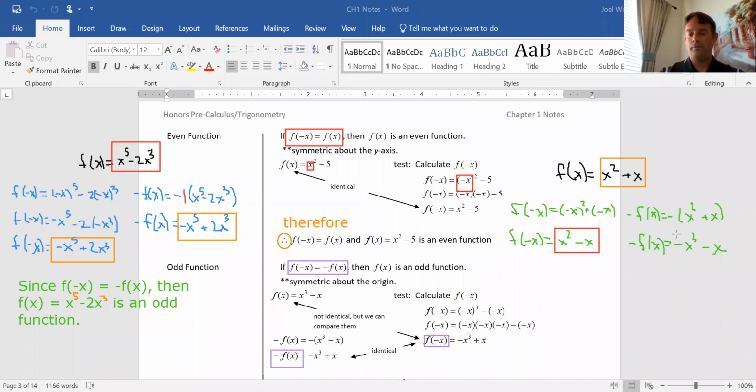So compare that one. This one doesn't equal the first, doesn't equal the second. These two aren't equal, these two aren't equal. Therefore, this function right here, we would say is neither. It is neither even nor odd.